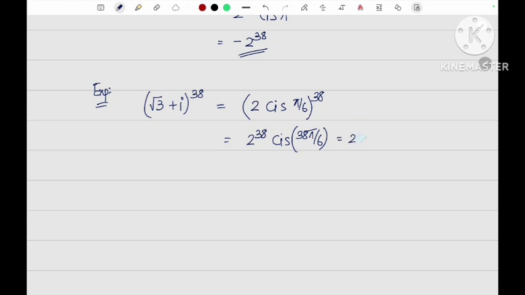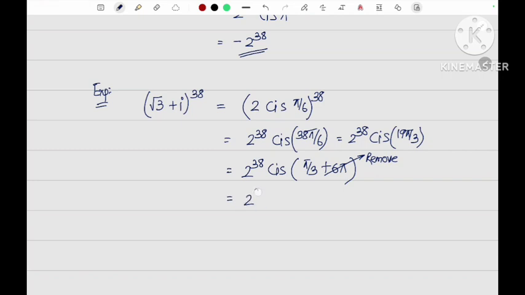That is nothing but 2 to the power 38 cis 19 pi by 3. And this I will write 2 to the power 38 cis, I can write this pi by 3 plus 6 pi. So this is again 3 multiples of 2 pi. I can remove it. I have told it before that I can add or subtract any multiple of 2 pi.